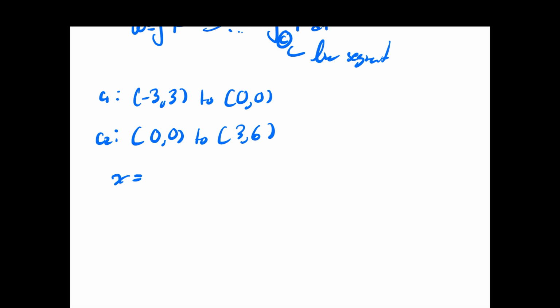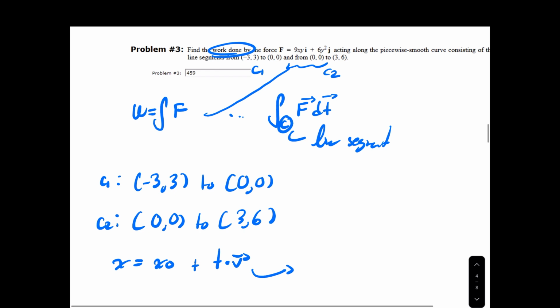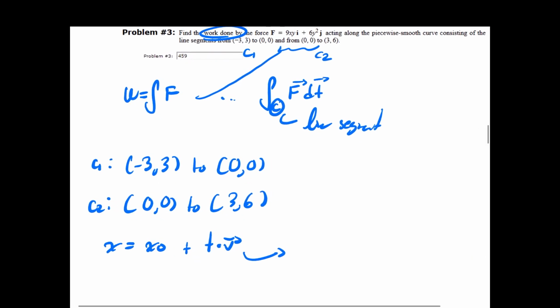Generally when we create our functions, we have our initial point plus our variable times the direction vector. The direction vector in this case is the difference in the corresponding domain or range, to be more specific.